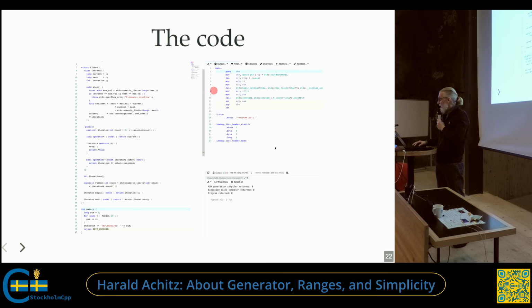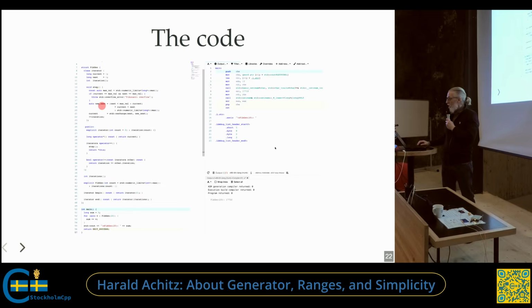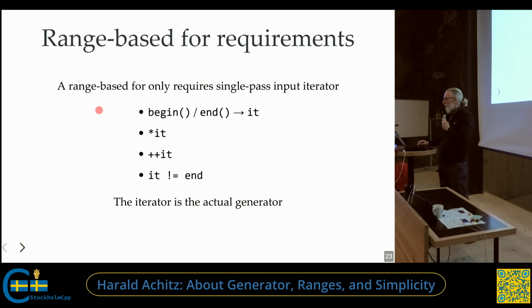But the interesting thing is here on this side, it's saying 17710, which is the result of the sum. So with this code, the compiler is totally able to see through and say, hey, I can make this at compile time, fine.